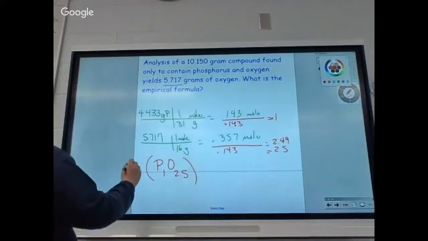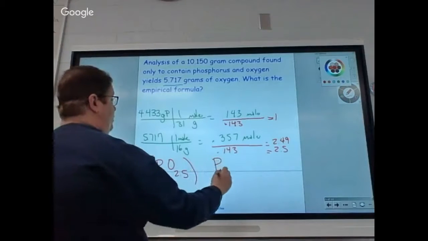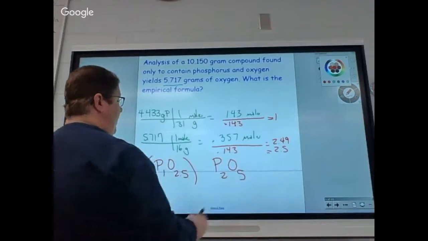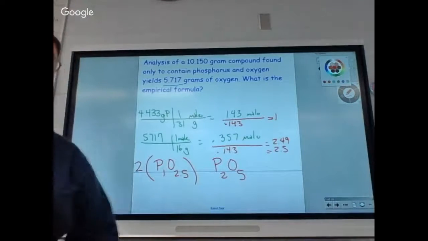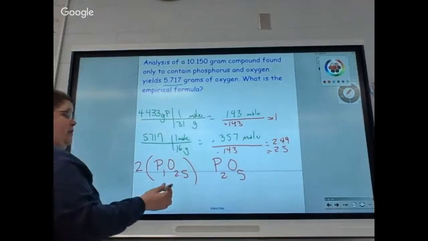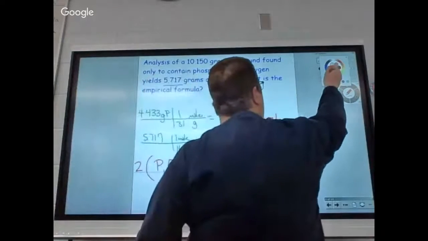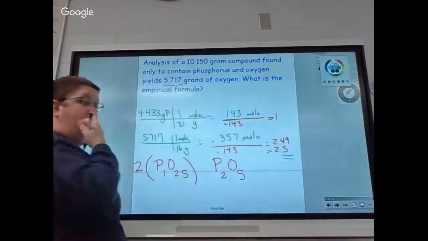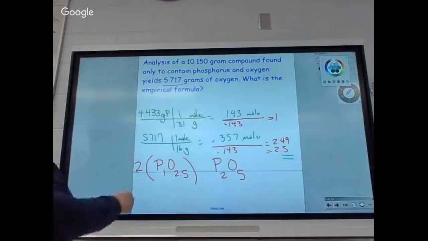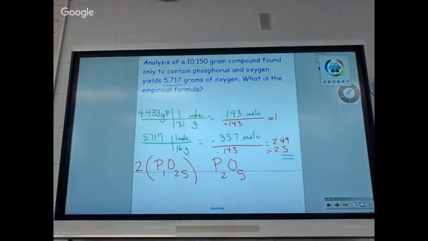Multiply by 2. So you can have P2O5. Any questions? What, when I multiply here? Every time you have a half, the only way you can get rid of the half is to multiply by 2, because the reciprocal of a half is 2.